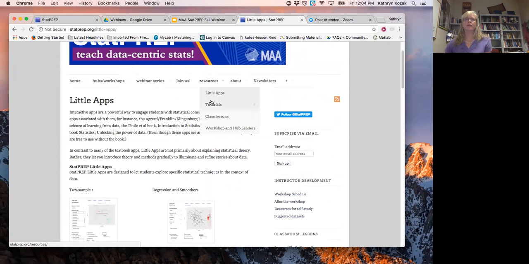We also have tutorials on statistical basics with R, randomization-based inference, data wrangling, and modeling. These are different tutorials that can help you learn the statistics and how to use R, but you can also use them in your classes to teach your students how to use R. And then we also have class lessons.